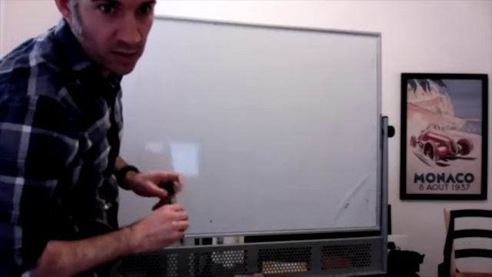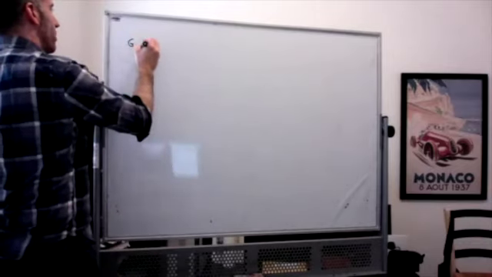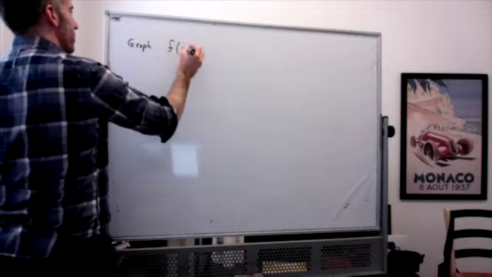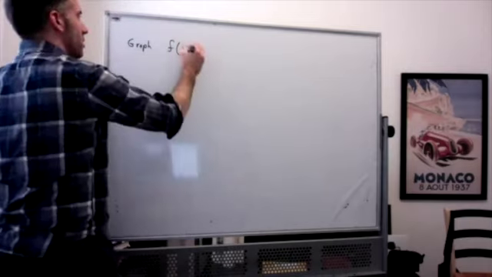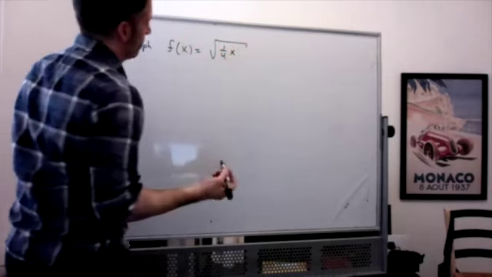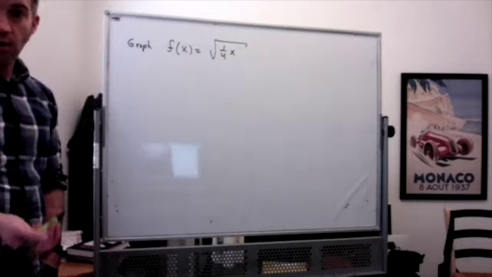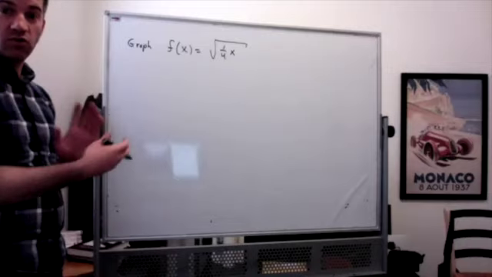So let us look at the next one, which is I want to graph f of x equal to the square root of 1/4 x. So multiplying by 1/4 on the inside is going to give me a horizontal stretch.